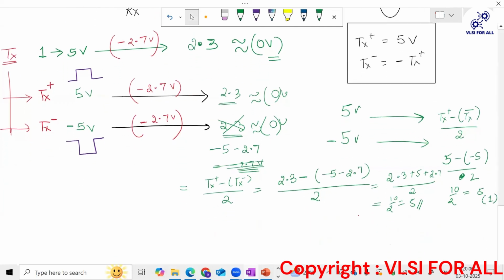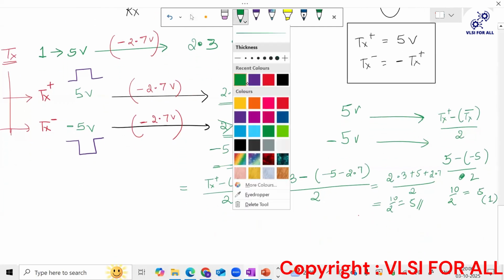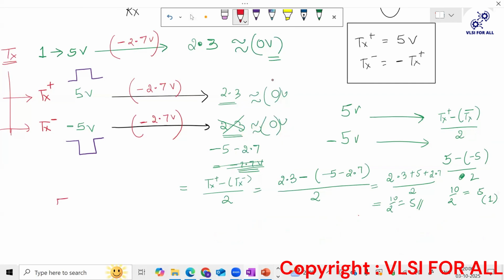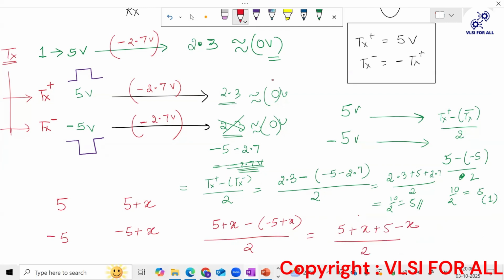What I want to say here is, let's say you are getting 5 and minus 5, and you are getting 5 plus x and minus 5 plus x. So you have to subtract: 5 plus x minus of minus 5 plus x, divided by 2. It will become 5 plus x plus 5 minus x divided by 2, so 10 plus x minus x divided by 2.